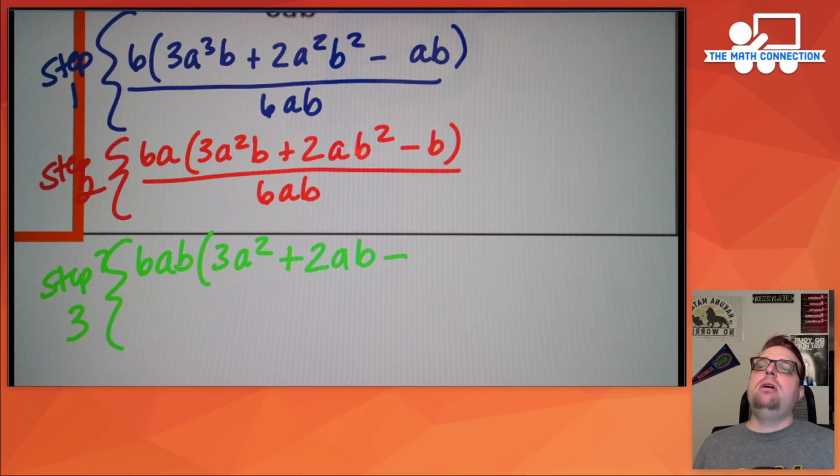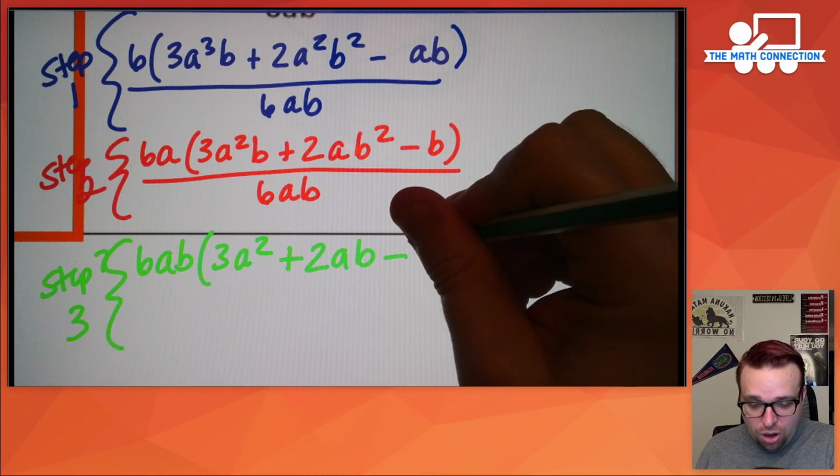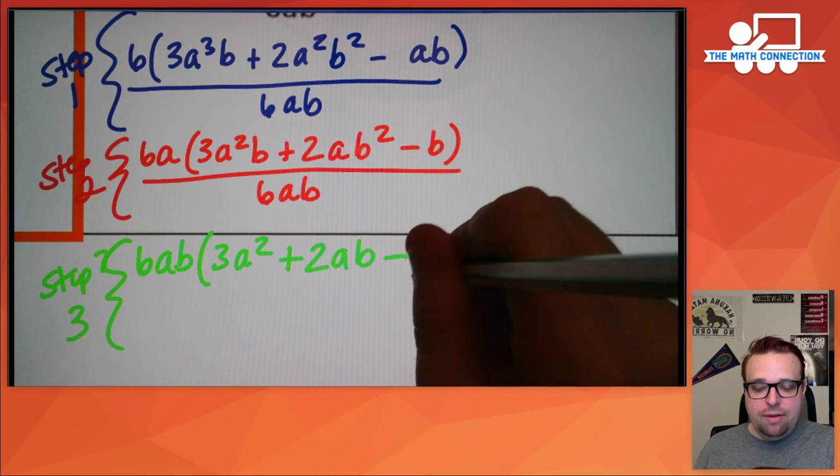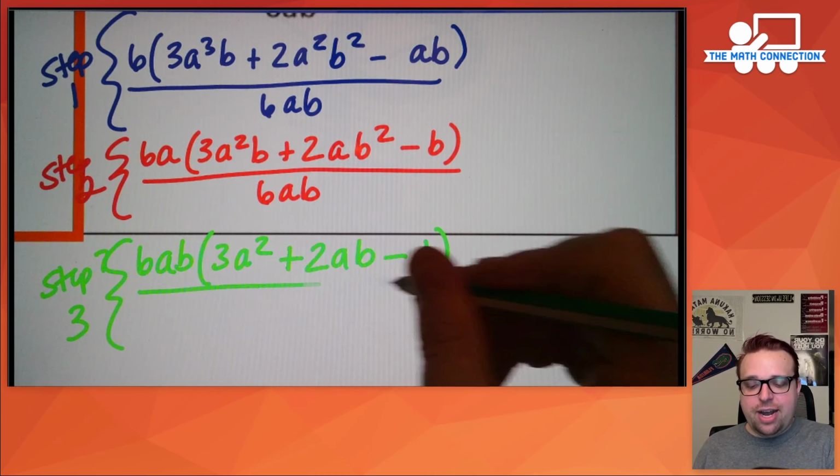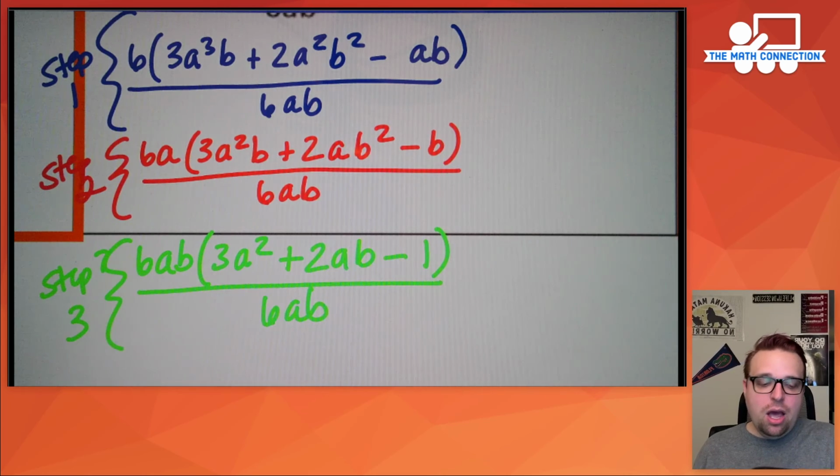All right, now you do have to leave a 1 behind, and you have to do that because there's nothing else there, okay? All that's left is 1, all right? And then we divide all that by 6AB. Okay, question, did I find something? Now is my numerator a multiplication problem before it's addition subtraction?